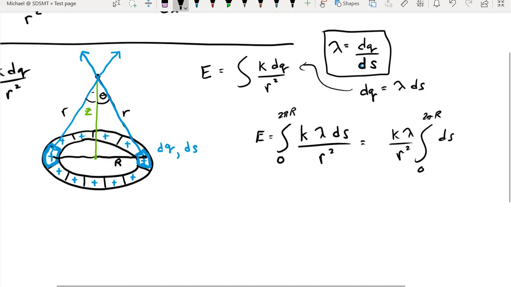They both have the same Z and theta values, and so when our electric fields get up to point P and they intersect, they're going to combine their field components in such a way that the horizontal components of field will cancel out, and the only thing that will be left are the vertical components.